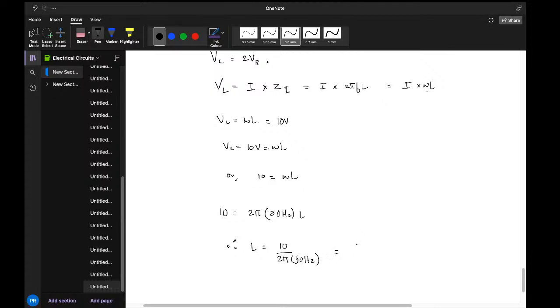So this is just going to be equal to 10 divided by 100 pi, which is just going to be equal to 0.1 divided by pi Henries.